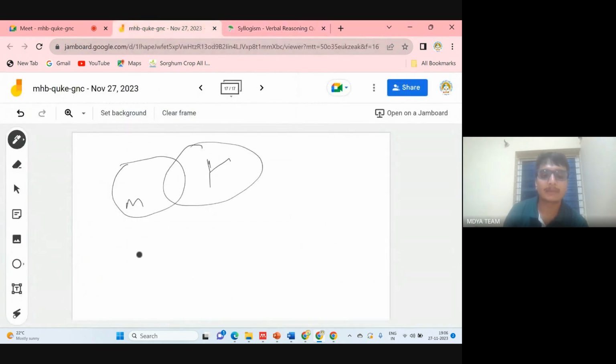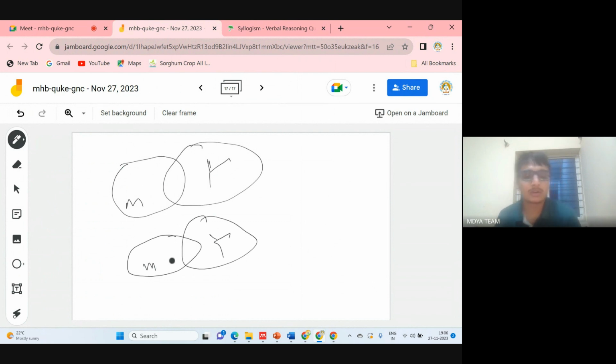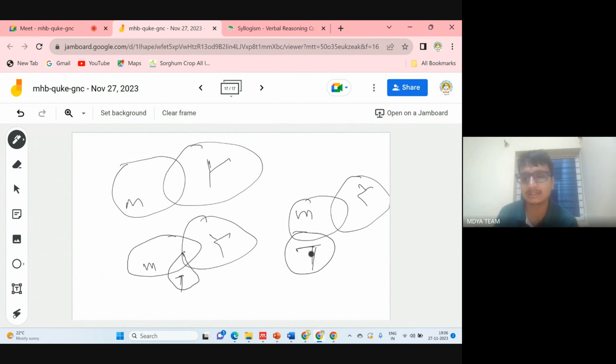So one Venn diagram can be like this: some mangoes who are also yellow can also be tixo. Or the other Venn diagram can be like this, because we are not given which mangoes are tixo. So only those mangoes can be tixo who are not yellow. Both things are possible. Are you getting this?